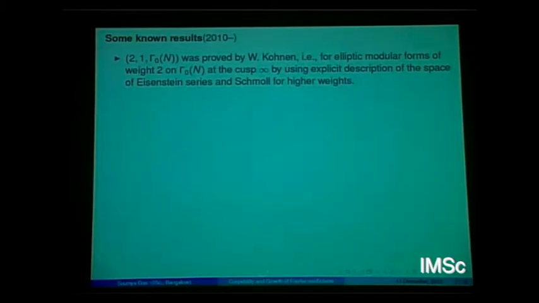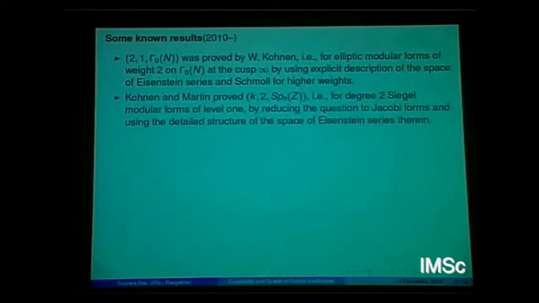For this he used an explicit description of the space of Eisenstein series for Γ_0(N), separated the Eisenstein part, and had to do some calculations to eliminate it. What remained was the cuspidal part, and I think Kohnen did it for higher weights.